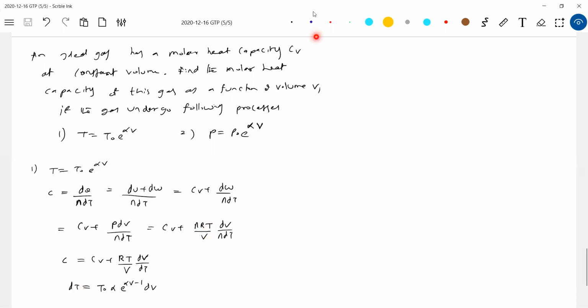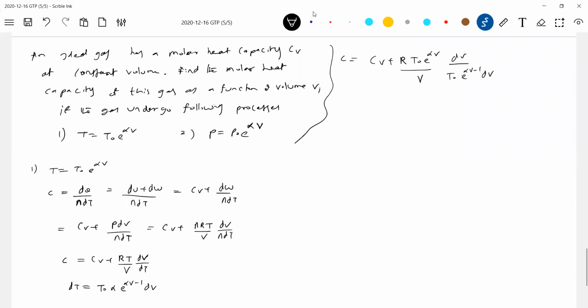So the next equation will be C is equal to Cv plus R, T naught e to the power of alpha V by V, dV by dT, and I'll substitute dT. dV gets cancelled, e to the power of alpha V gets cancelled.